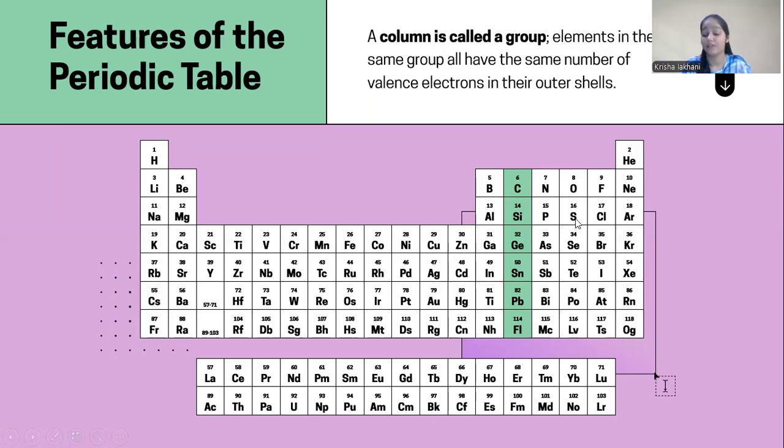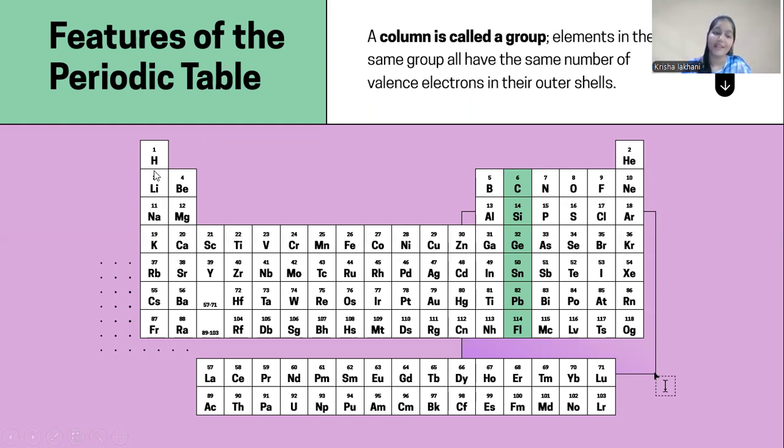Oxygen, sulfur, selenium are the 16th group, or the sixth group. Fluorine, chlorine, bromine are the 17th group or the seventh group. And here come helium, neon, argon, krypton, all the 18th group or the eighth group.